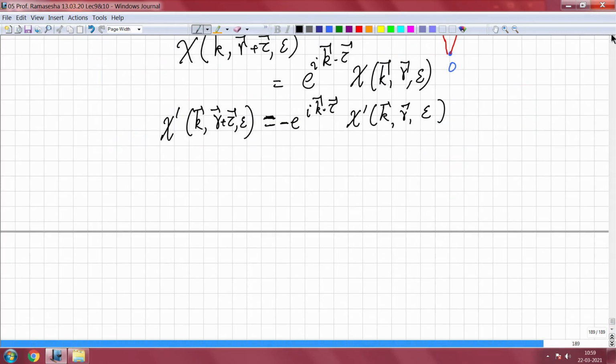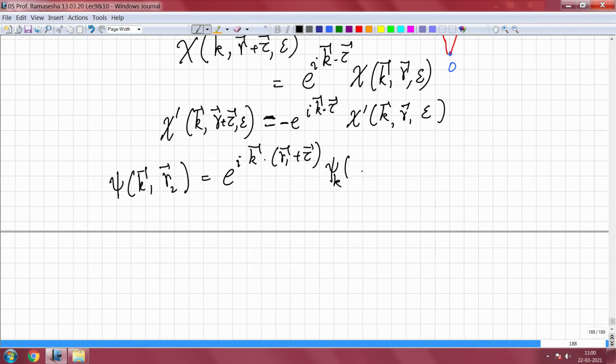So, now once we know this, then we can say, for example, we had the wave function psi k at R2, this is equal to e to the power i k dot R1 plus tau, psi k R1, sorry, u k R1 plus tau.